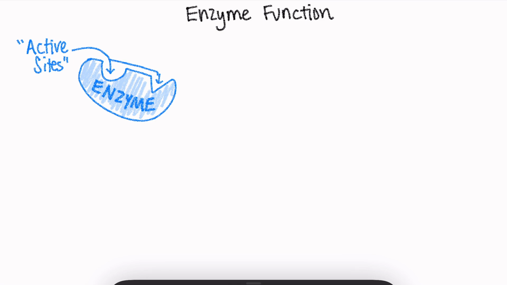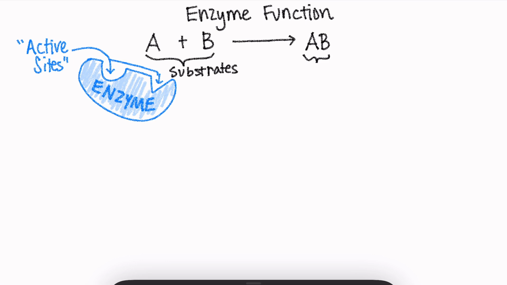And what are the substrates? Let's look at that equation again that we had. We had molecule A plus molecule B have a covalent bond form between them to form molecule AB. And in this case, remember these were the reactants or the substrates. And then here's the product.